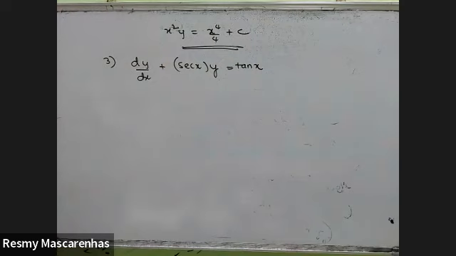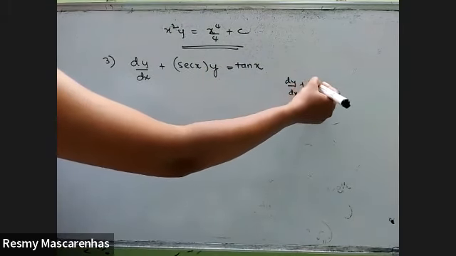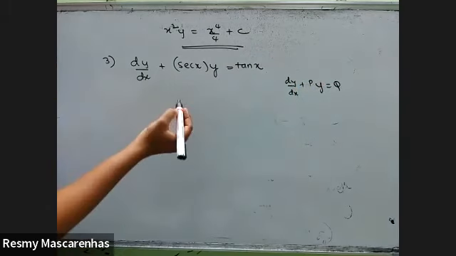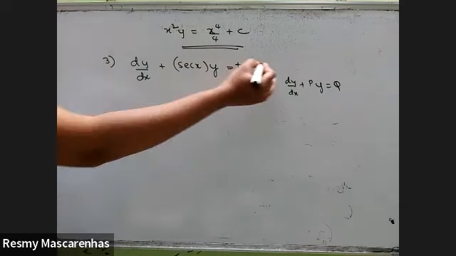Now this is straight away in the form of a linear equation. This is dy by dx plus py is equals to q. So p is nothing but sec of x. Mark this as equation 1.